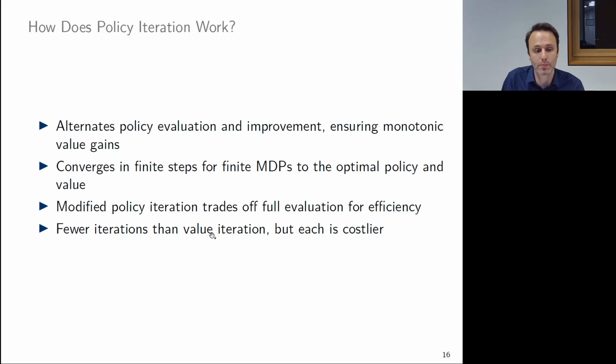And it gives the optimal policy and the optimal value function for the states. Modified policy iteration combines the advantages of policy iteration and value iteration and needs fewer iterations than value iteration, but each step is more costly because it solves the system of equations.